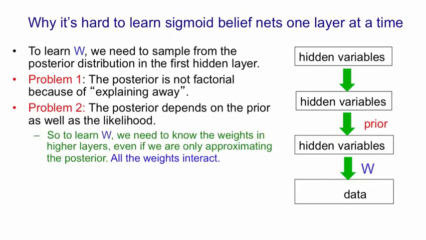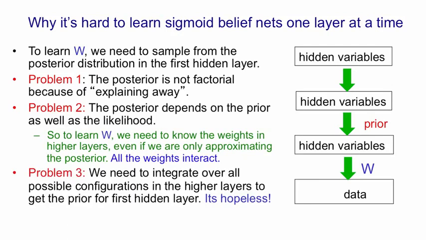To learn W, we need to know the posterior in the first hidden layer, or at least an approximation to it. And even if we're only approximating it, we need to know all of the weights in higher layers in order to compute that prior term. In fact, it's even worse than that, because to compute that prior term, we need to integrate out all the hidden variables in higher layers.